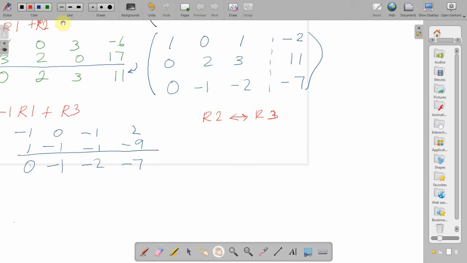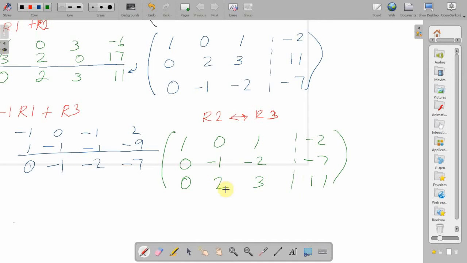So once you change positions, now you have a new matrix. I'm going to do this one in green. We have 1, 0, 1, and a negative 2. And then we're going to swap places. We have a 0, a minus 1, a minus 2, and a minus 7. And the second one is now the third.